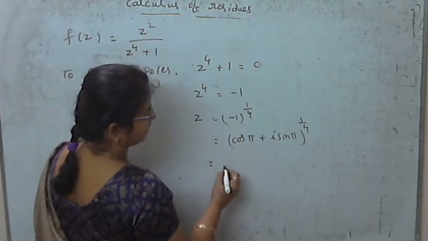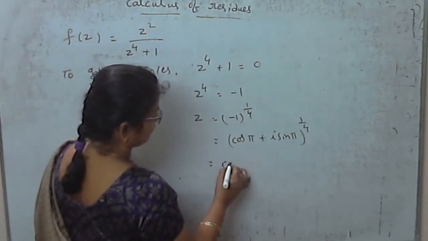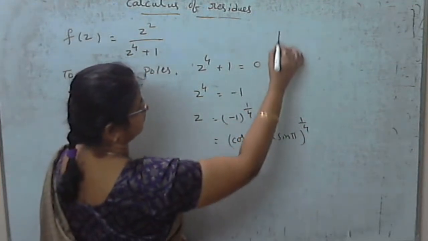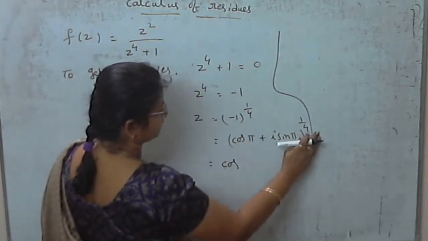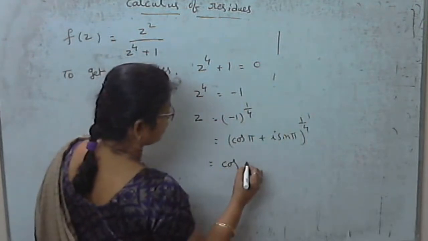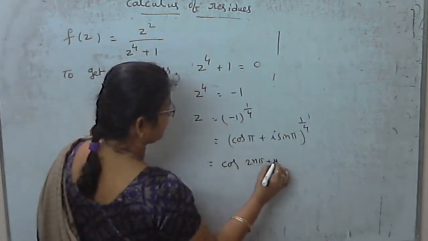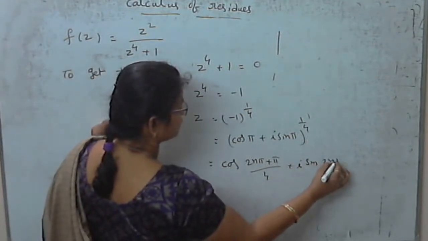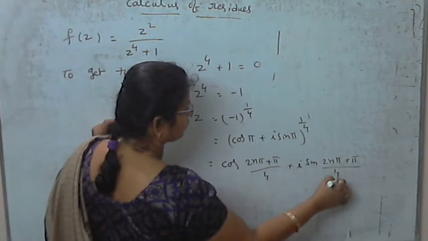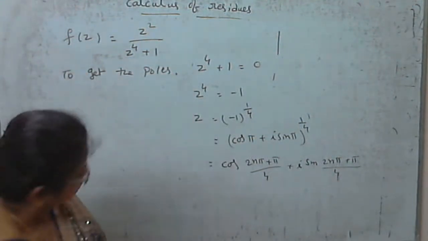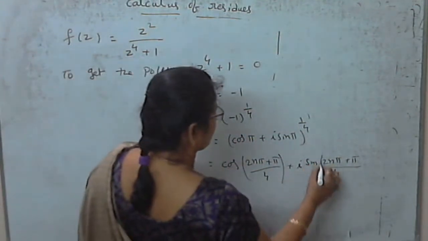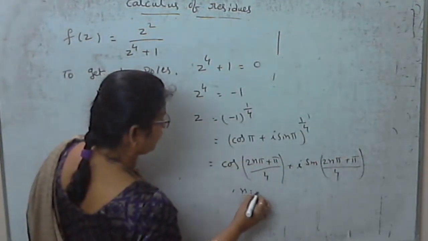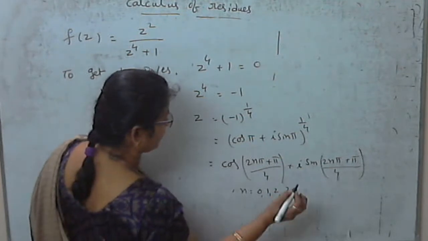By applying De Moivre's theorem, the fourth root can be written as cos of (2n pi plus pi) by 4 plus i into sin of (2n pi plus pi) by 4, for n equal to 0, 1, 2, 3.